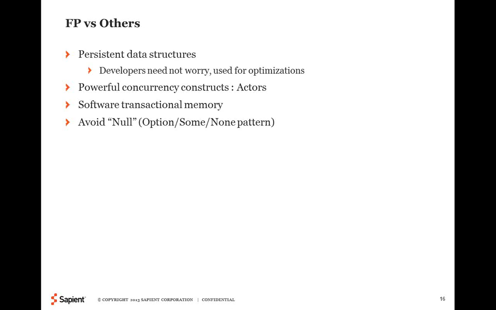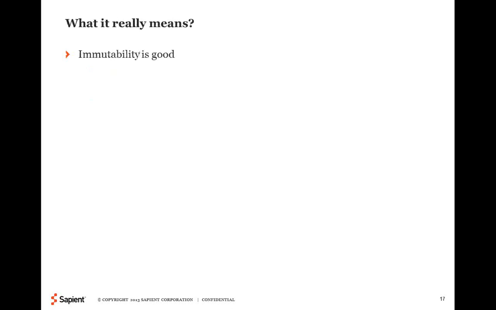ACID properties are present at the database level, but what if we can get similar kinds of properties in our application also? Functional programming provides that. We can also avoid nulls via the option none pattern, which gives us language level constructs for avoiding null pointer issues.